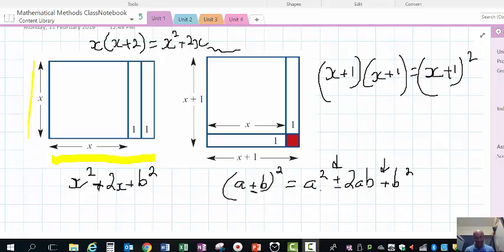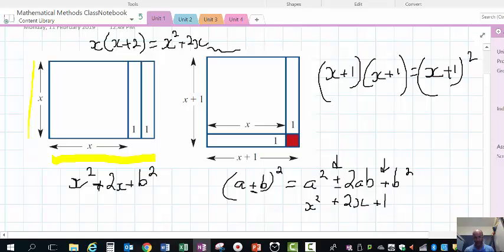Now let's put underneath what we've just written, what we just had up to the left there, we had x squared plus 2x plus b squared. I'm only looking at the plus situation at the moment.